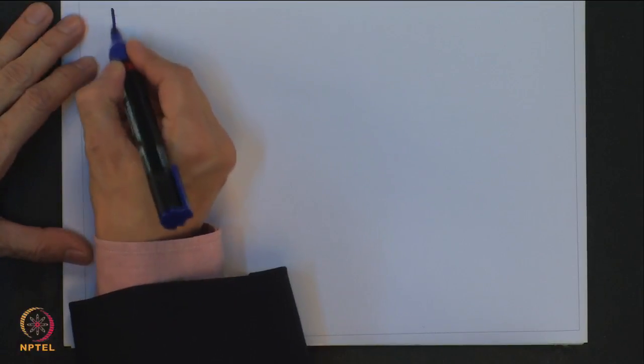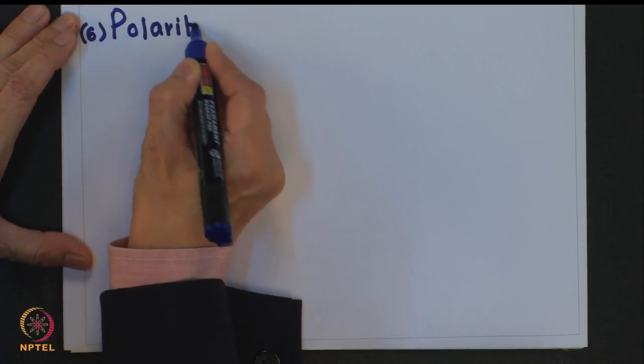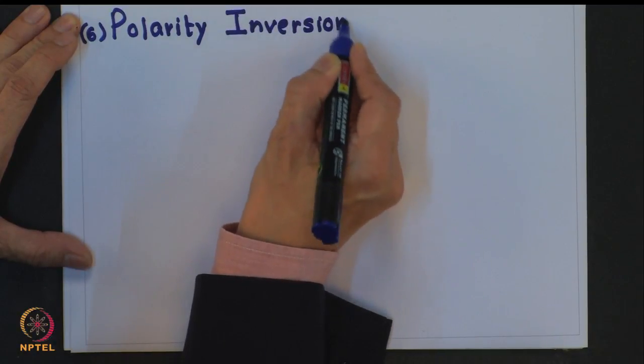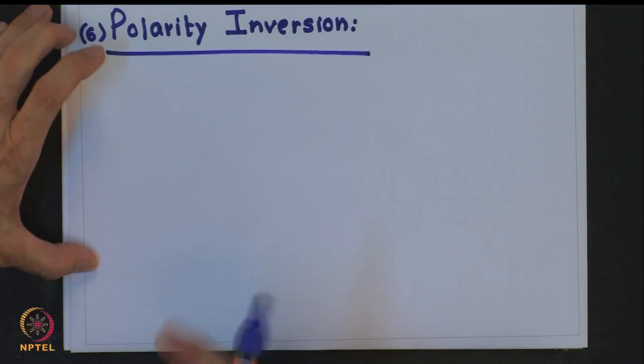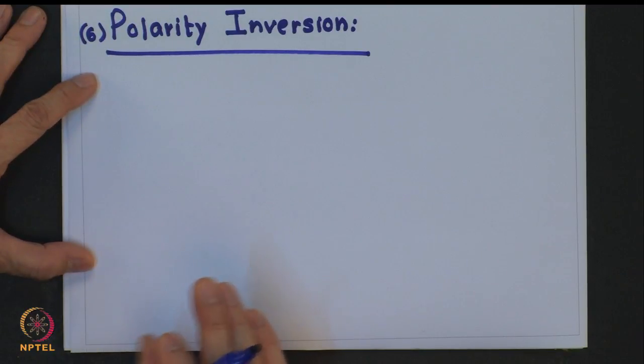Another interesting property which we would like to have is that it should be robust against polarity inversion, because it is possible that on the channel the digits get swapped. In the unipolar case you will have a problem, because plus A will become minus A. Again in the polar case you will have a problem because ones and zeros will get swapped.